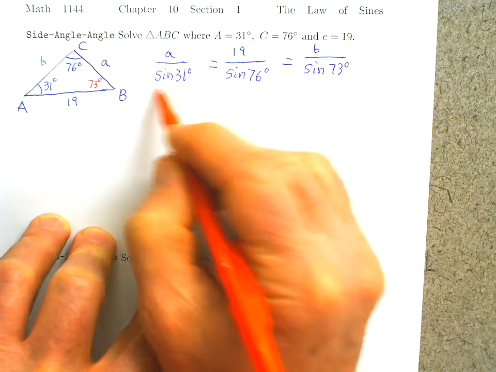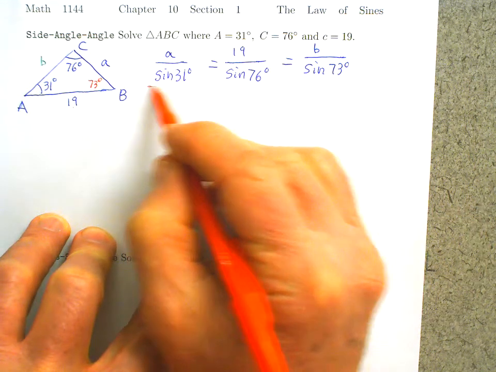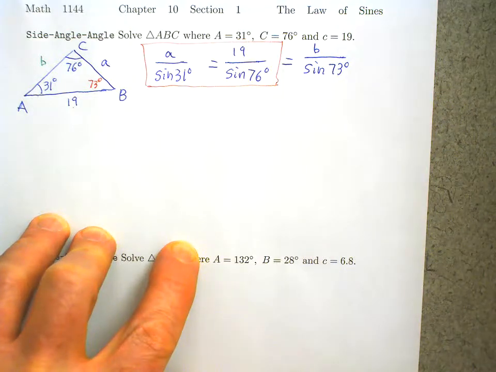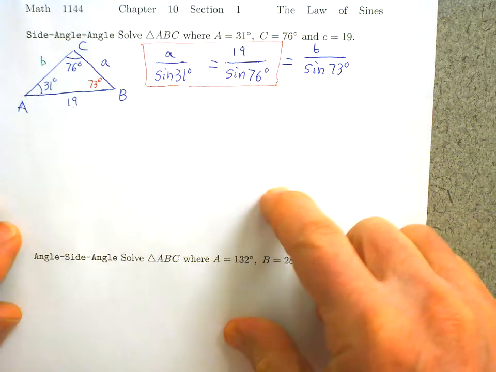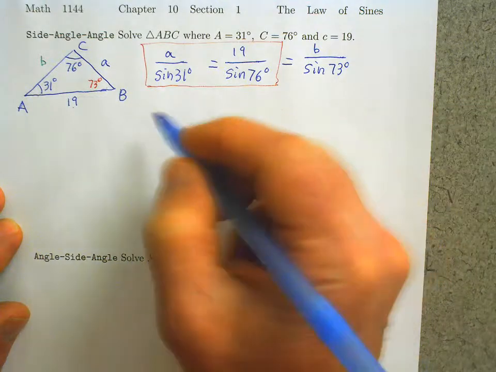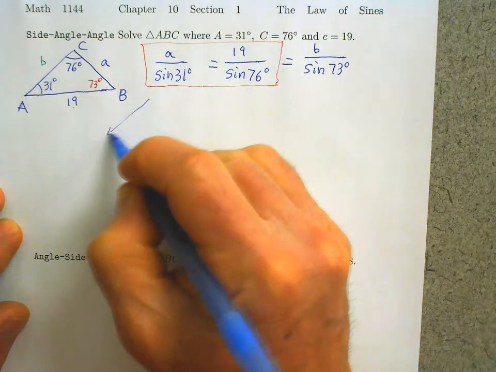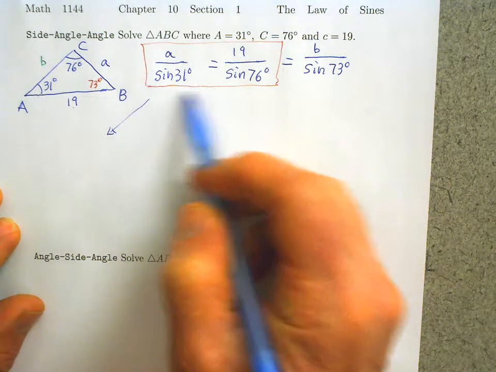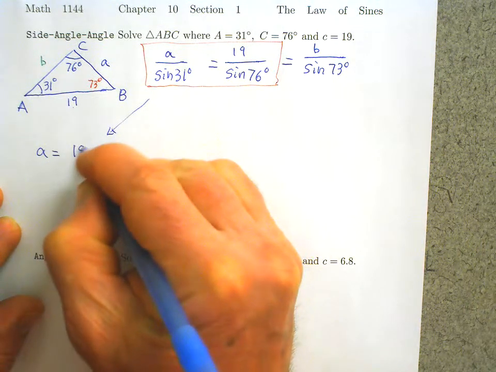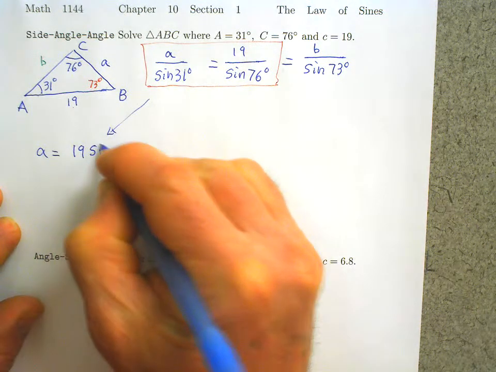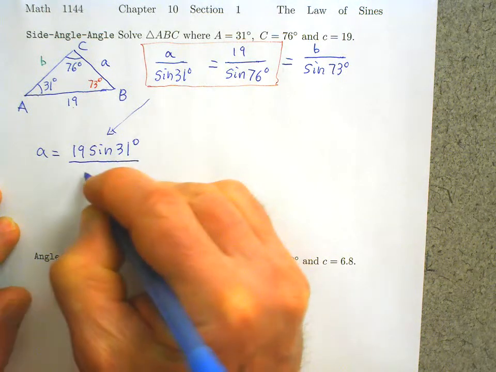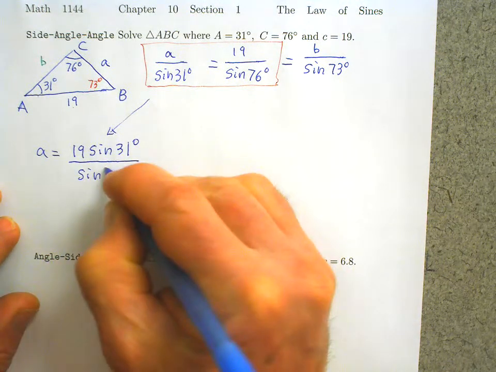Okay, well, I can solve the equation on the left for lowercase a. All I have to do is multiply both sides by the sine of 31 degrees, and I get a is equal to 19 times the sine of 31 degrees divided by the sine of 76 degrees.